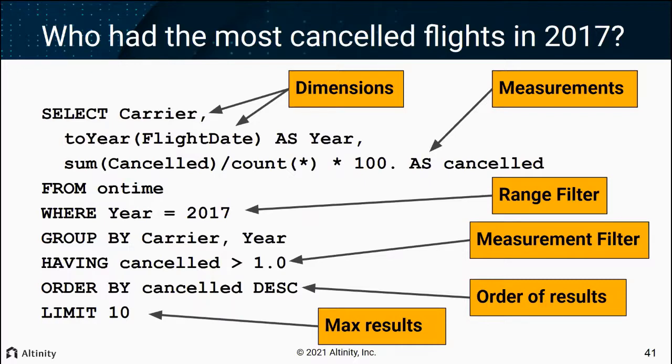Grouping, which groups our dimensions. Measurements to knock out certain measurements that are uninteresting, and so on and so forth. We'll go through and look at each of these, but this is the kind of thing you're looking for, and this actually returns a relatively small amount of data to your client.